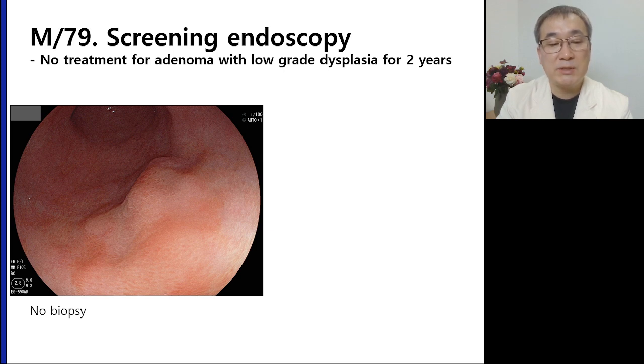It was a 2 cm sized, pale, slightly elevated lesion in the greater curvature side of the gastric antrum. Biopsy was not done in the screening center, but the patient has a history of adenoma. He did not receive any treatment for gastric adenoma with low-grade dysplasia for 2 years.